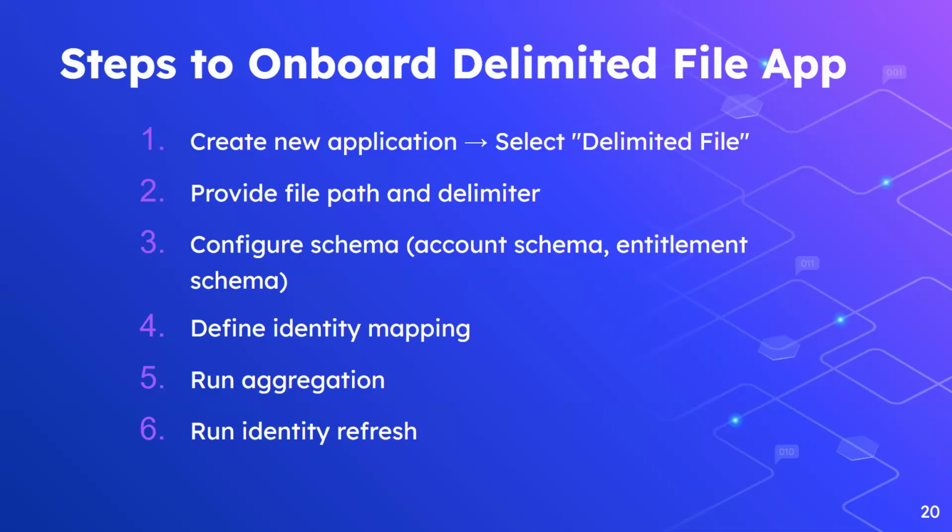This is where you do the attribute mapping basically. Define identity mapping. Okay, that's where the mapping is. Then run the aggregation, basically import all the people, and then do a refresh in SailPoint with the updated information to make sure all the right updated information got synced.